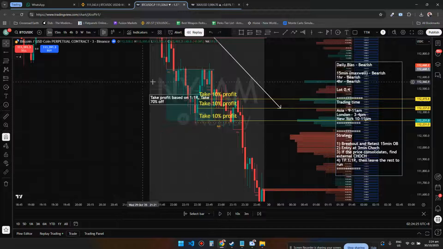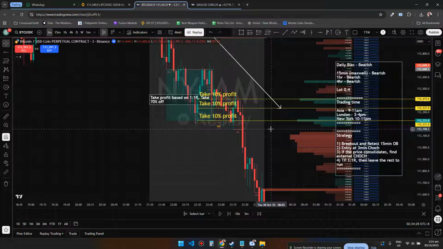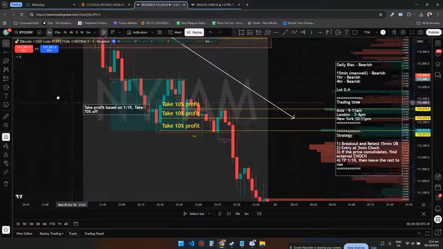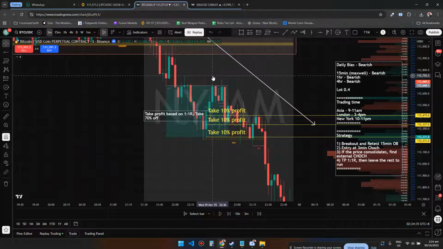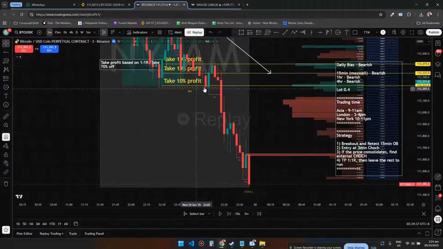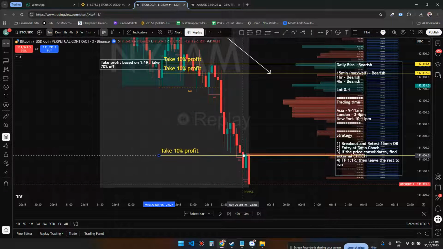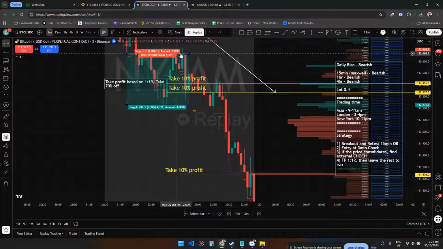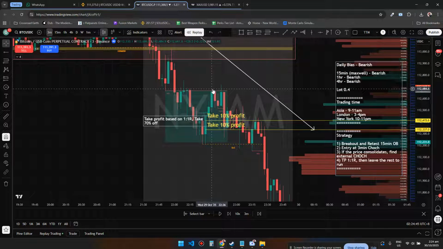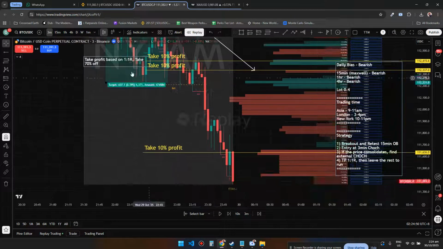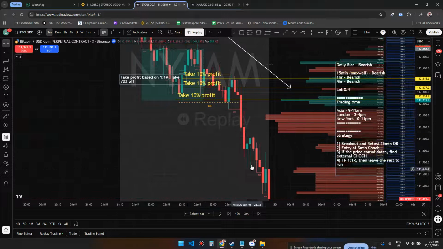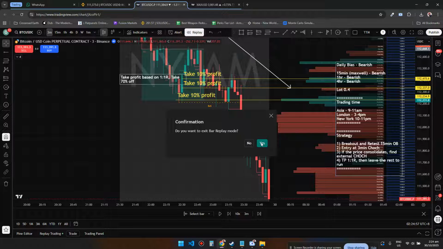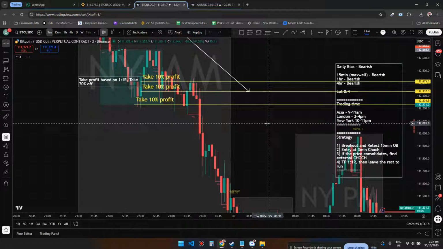That is something that I cannot predict, because for me it's about protecting capital. I could have put another 10% right here, but the price had already hit my stop loss at break even. So I do not have enough trade to carry on moving downwards.